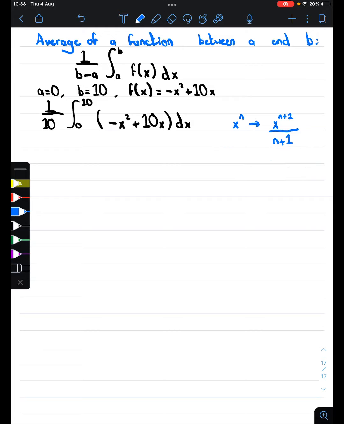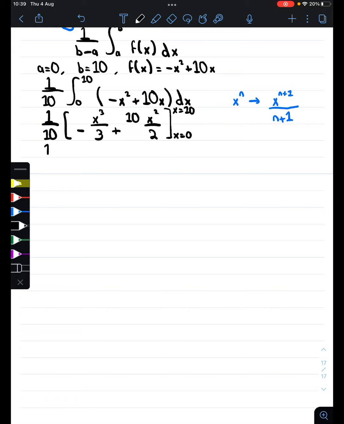So the integral of x squared will be x cubed over 3, so 1 over 10 times, well, the minus stays, x cubed over 3 plus 10 times x squared over 2, and then all of this evaluated between x equals 10 and x equals 0.